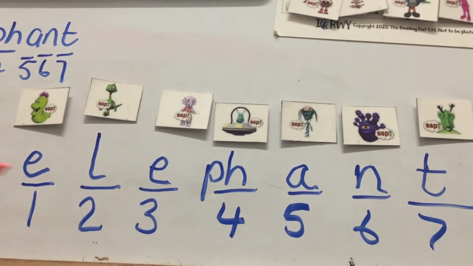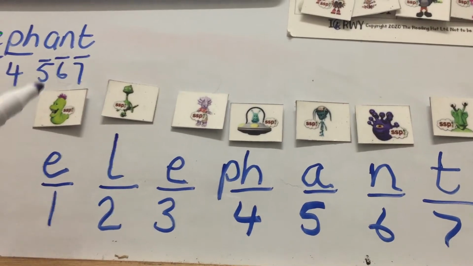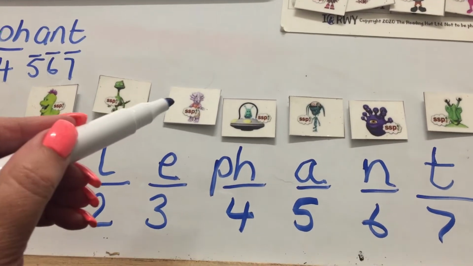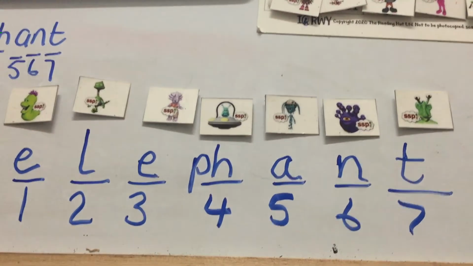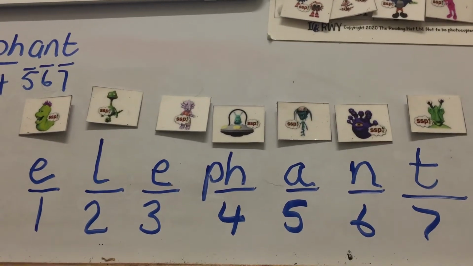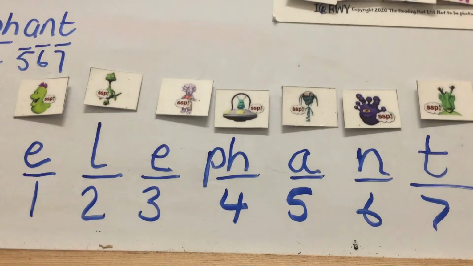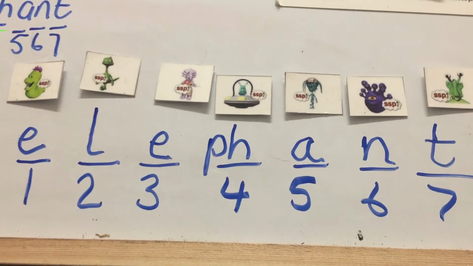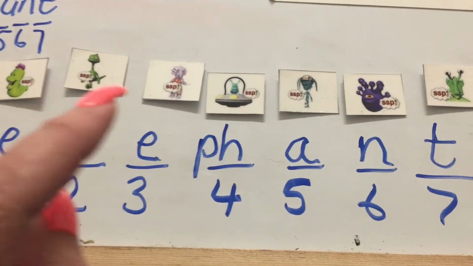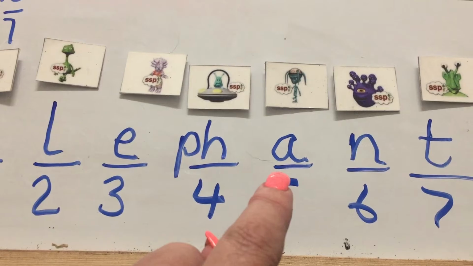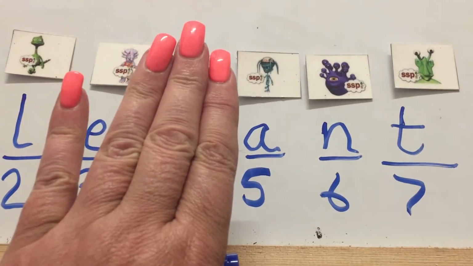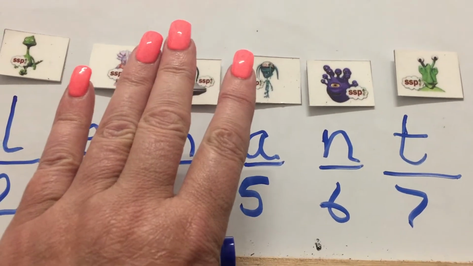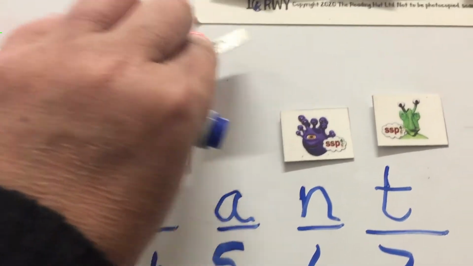So instead of having to remember the phonetic symbols, I just have to remember the speech sound monsters. The speech sound monsters all say their own sound. Because remember, letters don't make sounds. They represent sounds in a word. If you had this as a word on its own, this wouldn't be the schwa.